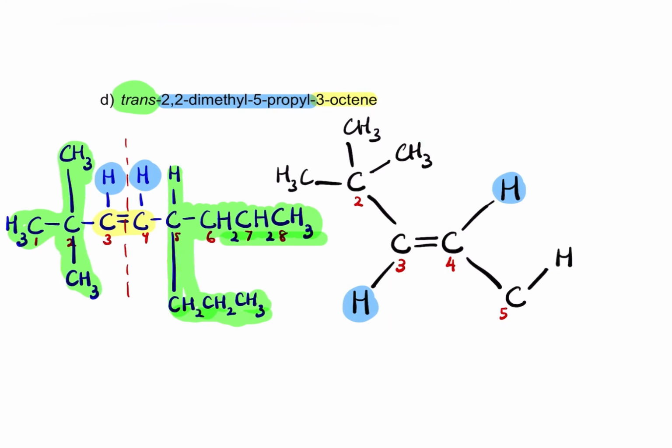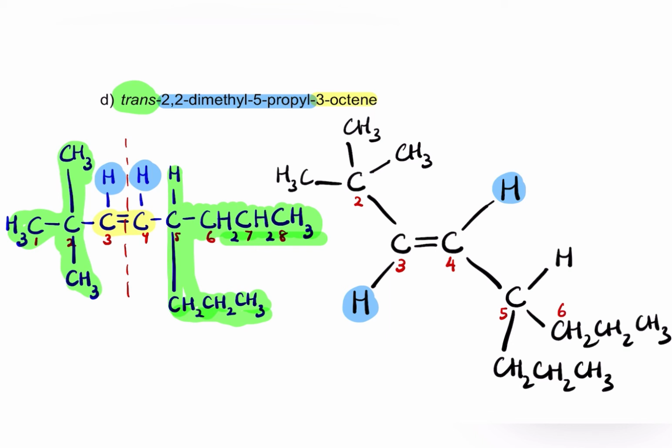And then attached to CH2, CH2, CH3. And then also attached to CH2, CH2, CH3. So this is going to be carbon number 6, 7 and 8. So this is the structure for trans 2,2-dimethyl 5-propyl 3-octene.